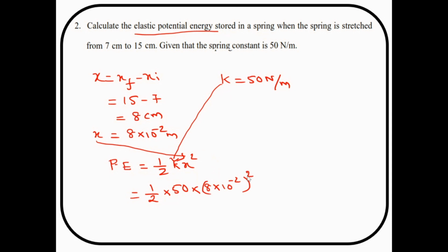We have to wait for the answer. 50 multiplied by 8 times 10 power minus 2 the whole square divided by 2, I got the answer as 0.16. So the elastic potential energy value here is 0.16 and its unit is joule. Clear? So this is the answer for this question.